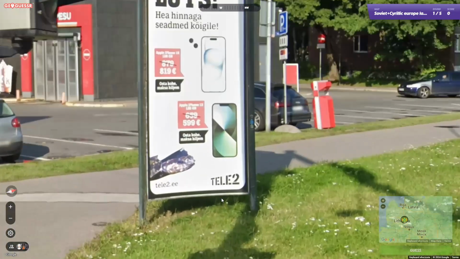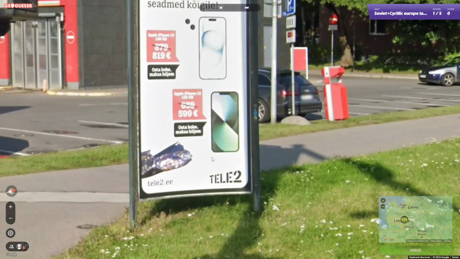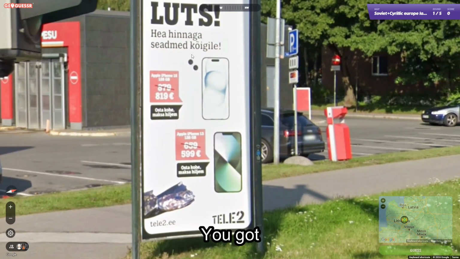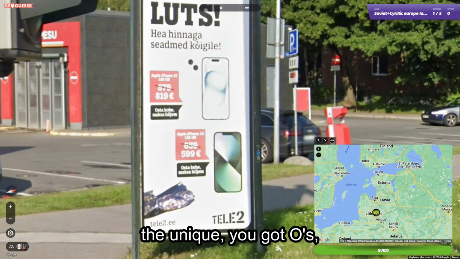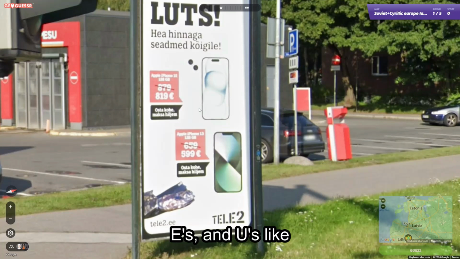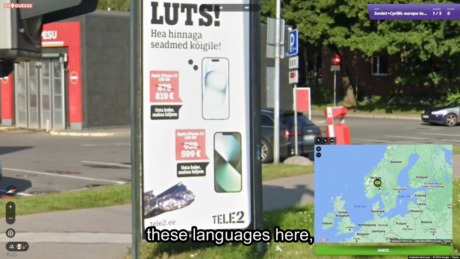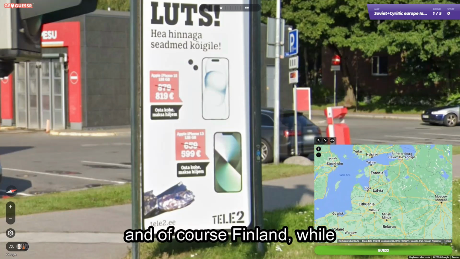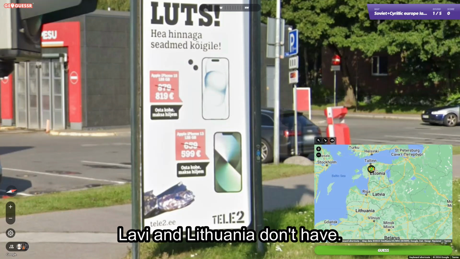So, okay, Estonian, like I said, is very similar to Finnish. You've got O's, E's, and U's like these languages here. And of course, Finland, while Latvia and Lithuania don't have them.